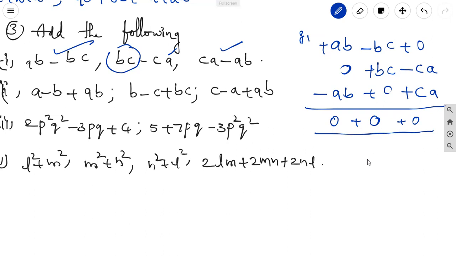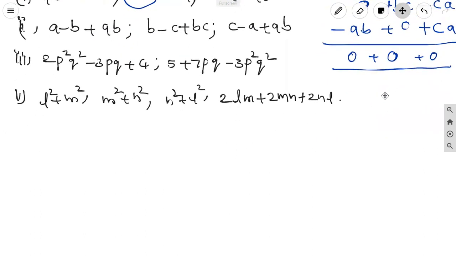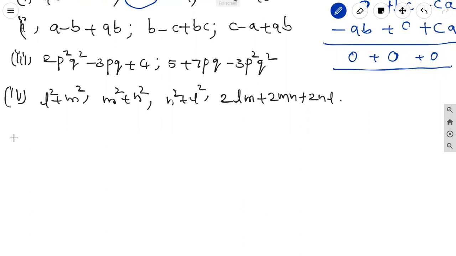The second one is, we add. We write A minus B, leaving a gap. Why? Because there is a C term here and no C term in the first expression. Write plus AB. In the second expression, B is there, minus C. Here not AB, it's BC. So the AB term is absent. So write here BC.